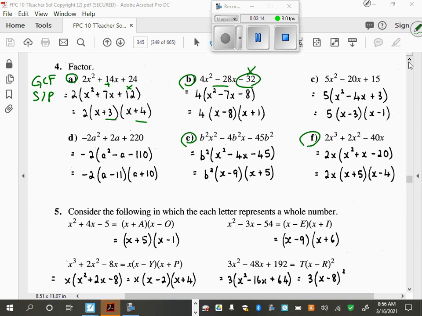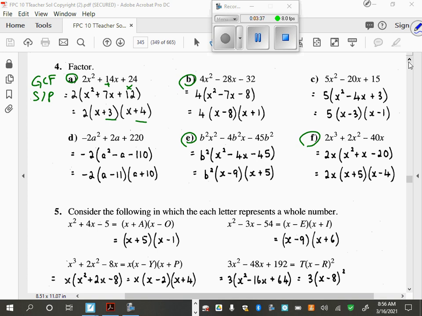Especially if you were here yesterday. Remember, all the ones that we do some product for start with x squared. If they don't start with x squared, you can't do the last number is a product and the middle number is a sum. You have to divide by the GCF if you can. Otherwise, it's a decomp question, which is coming up probably tomorrow.